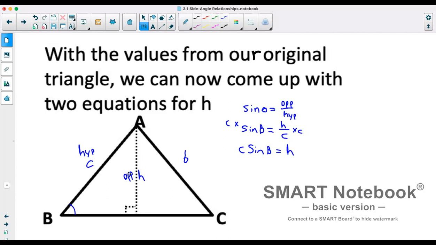We will now do the same thing for the second triangle here. If we're looking at this angle here, this is still our opposite side, but this becomes our hypotenuse. So we'll use sine again. Sine of our angle is our opposite side over our hypotenuse.